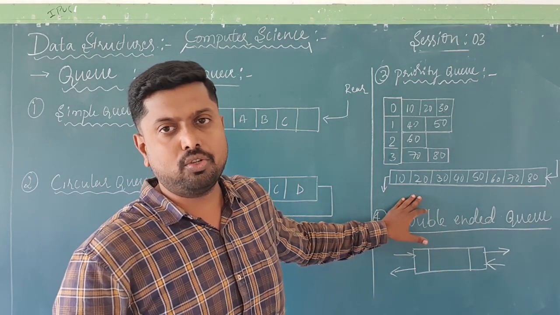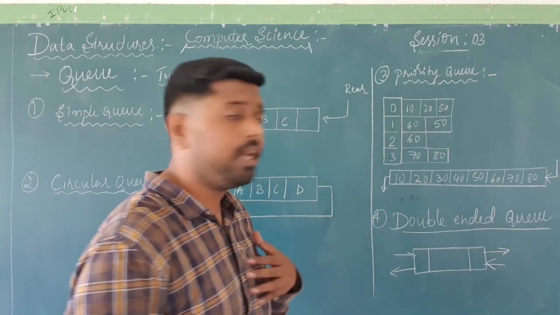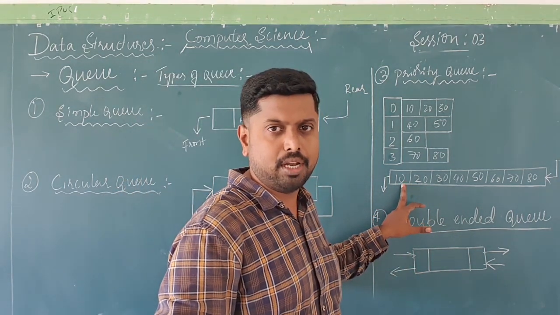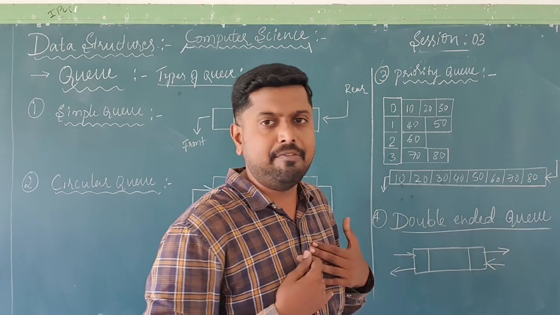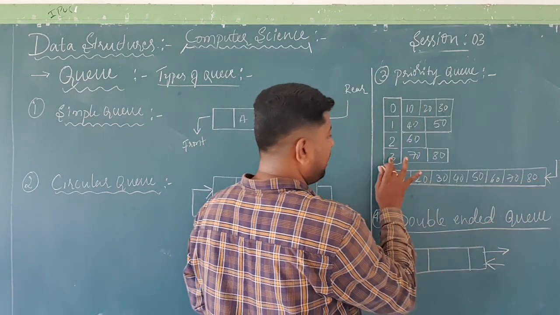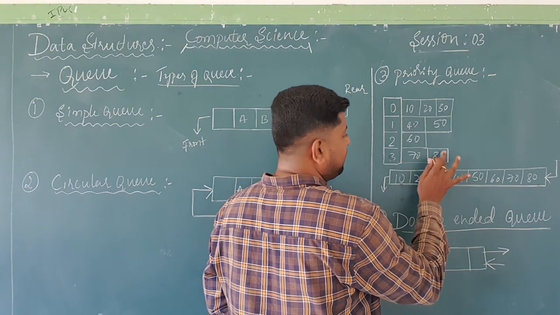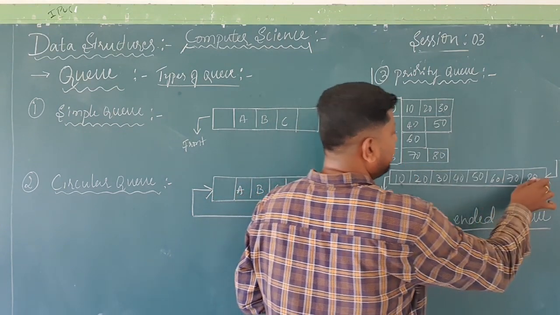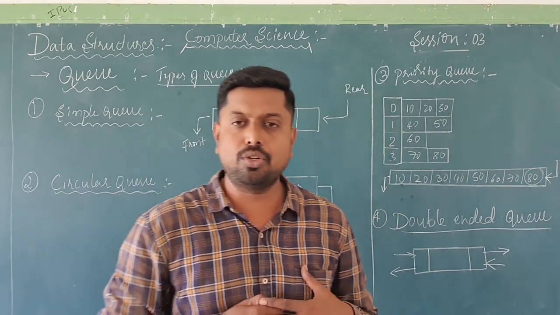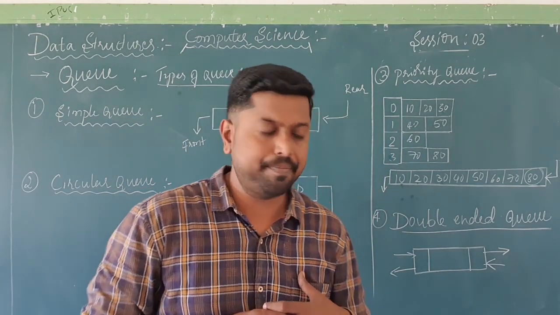For example, 10 may be at the first location of the queue, and sometimes I will change it so that 10 goes to the last position, in the place of 80. Like that, we have a chance to change its location.